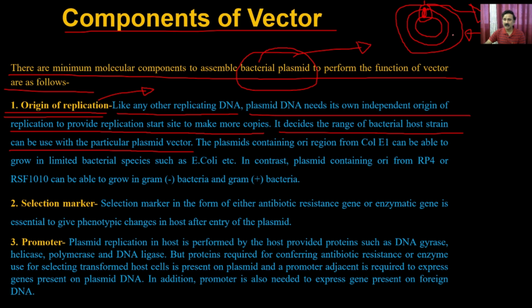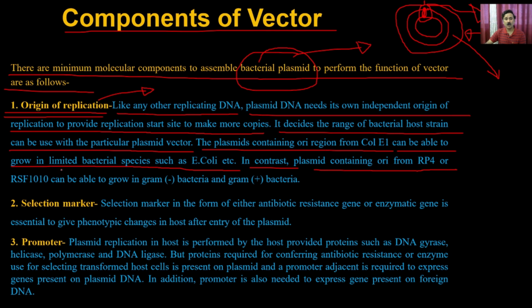And within bacteria also, it may be restricted to gram positive versus gram negative. For example, a plasmid containing the origin of replication from ColE1 can grow in limited bacterial species such as E. coli. In contrast, a plasmid containing the origin of replication from RP4 or RSF1010 can grow in gram negative as well as gram positive bacteria.